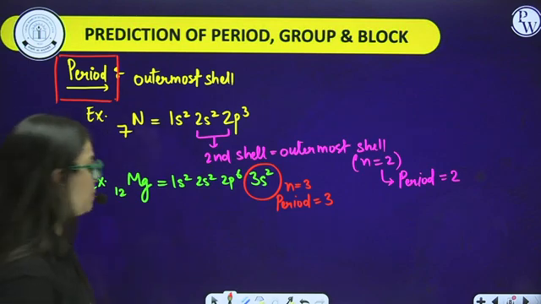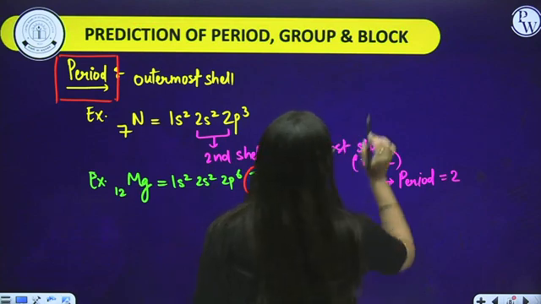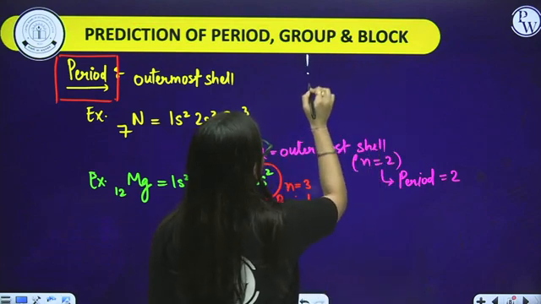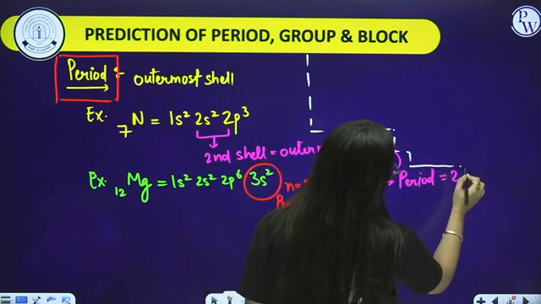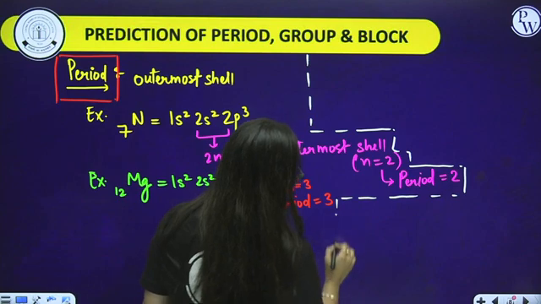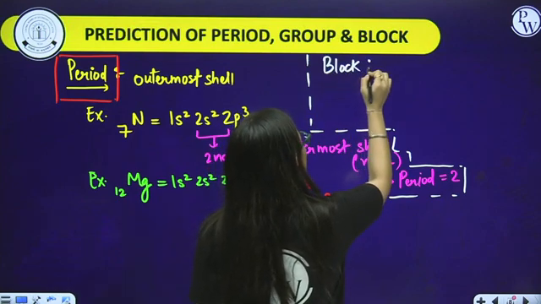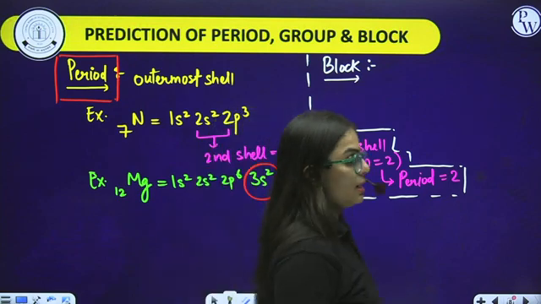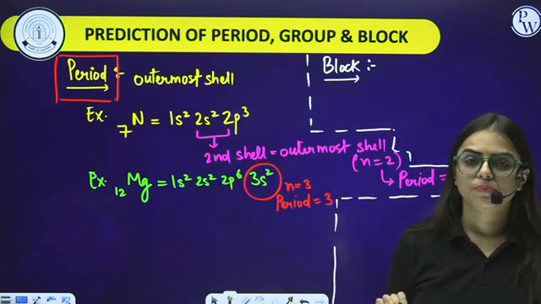Now what about block or what about the group? Let us first of all write here about block. See, if you have to see for block, you have to see that last electron enters into which subshell. Very simple.